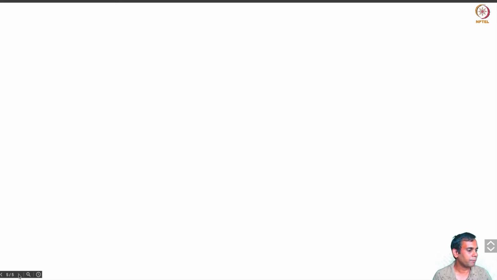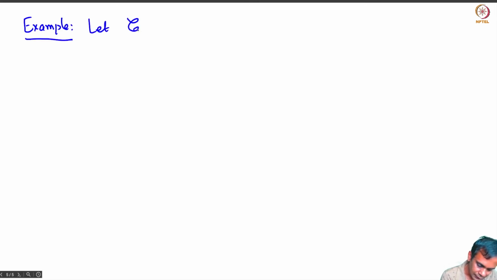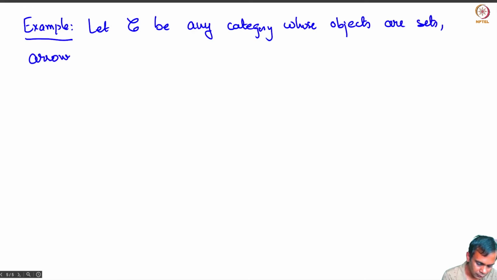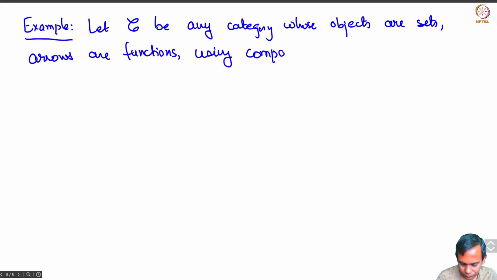Okay, let's look at one more example. So now let C be any category whose objects are sets, arrows are functions, and composition is composition of functions.